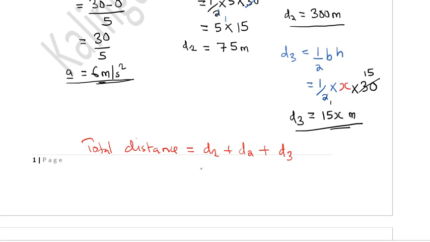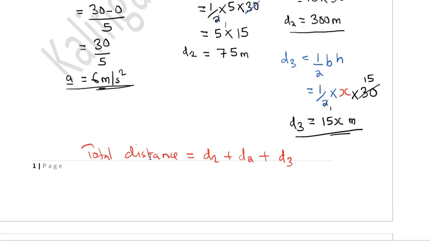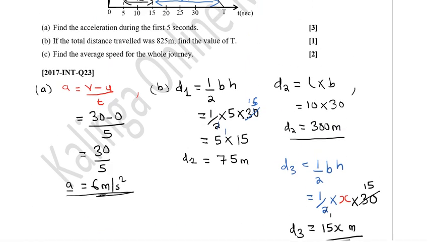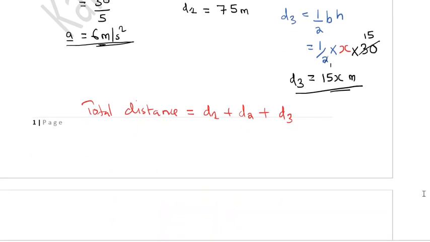But what we know is that we have been given the total distance. The total distance is 825. You have seen it here. So I'll write 825 on my left hand side.